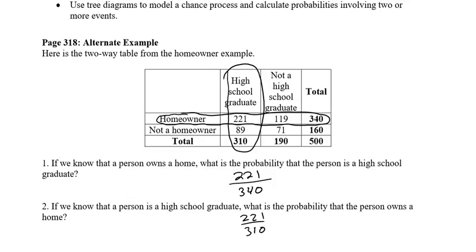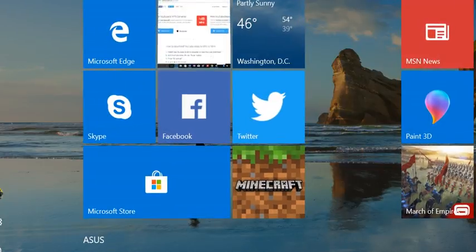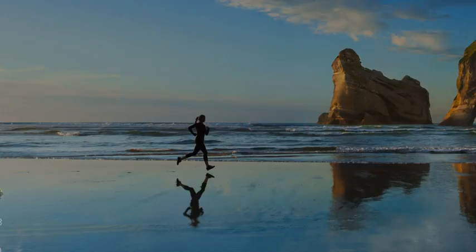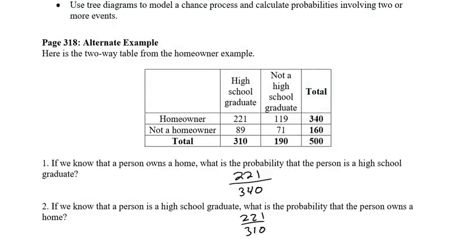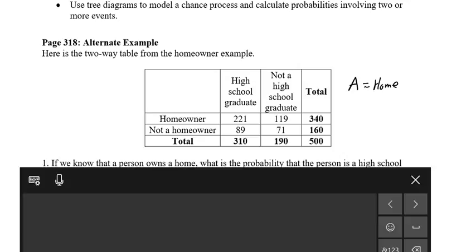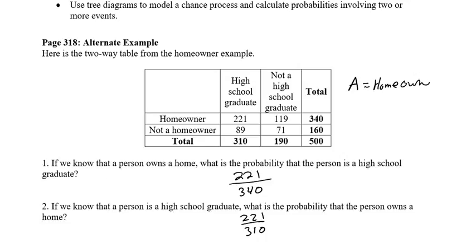Well, let's step back and formalize this a little more, and let's label our events. First of all, A is going to be being a homeowner, and B is going to be high school graduate.